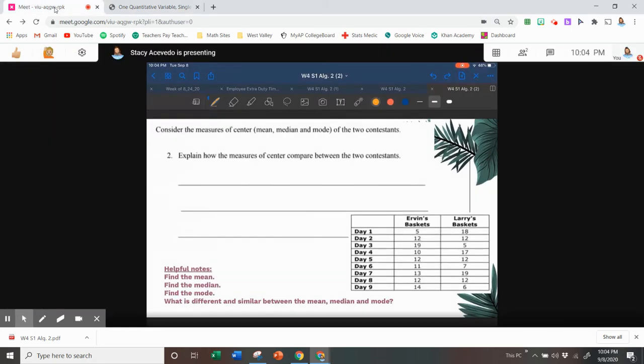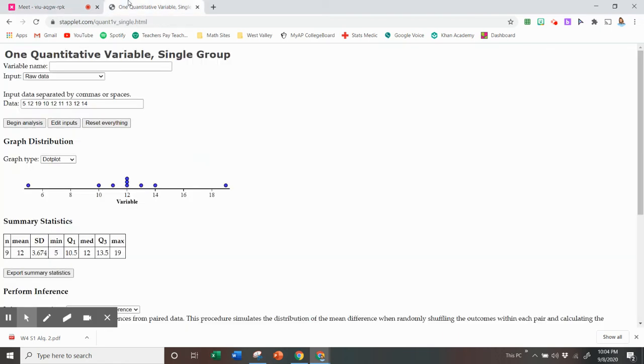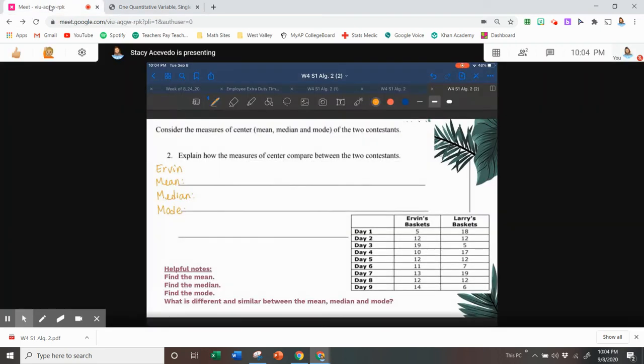So for Ervin, our mean, median, and mode. Remember, our mean is 12 and our median is 12. But what about the mode?